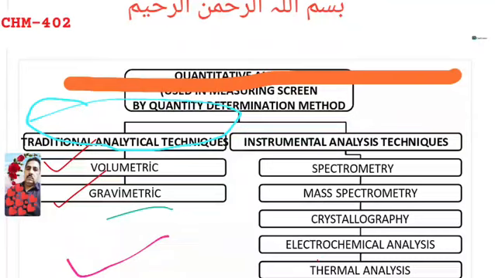For example, we determine the amount of barium in a barium substance. Second is the modern instrumental method, which has various types.